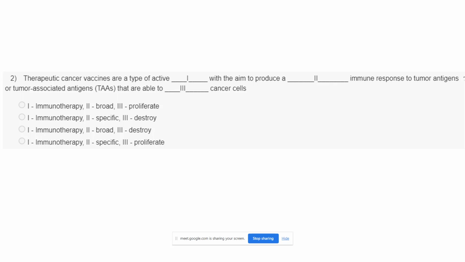Okay, here is the next question. Therapeutic cancer vaccines are a type of active dash with the aim to produce a dash immune response to tumor antigens or tumor associated antigens that are able to dash cancer cells. I'll give you some time to go through all the options. Let me know what you think the answer is.